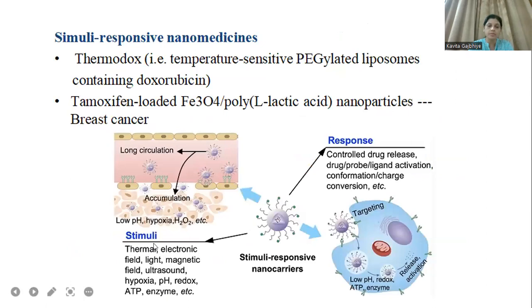Here you can see the stimulus we can generate by thermal, electronic, light, magnetic, ultrasound, hypoxia, pH, redox, ATP, or enzyme. That controls drug release and ligand activation or conformation changes. A few examples are ThermoDox, temperature sensitive pegylated liposomes containing doxorubicin, and also tamoxifen loaded iron poly lactic acid nanoparticles, which are useful for breast cancer targeting.